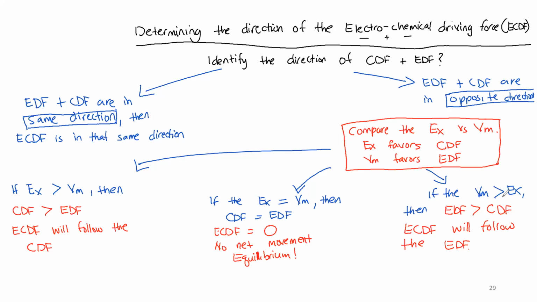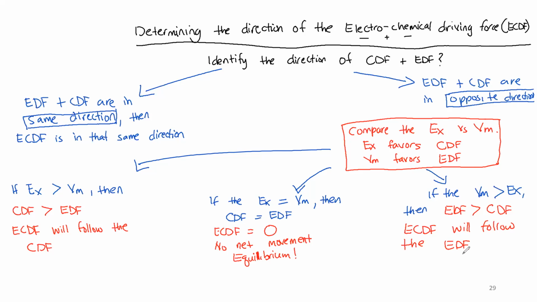If the membrane potential is now greater than the equilibrium potential, now because the membrane potential is indicative of that electrical driving force, the electrical driving force is the stronger force. And so the overall movement of said particle will follow or favor the direction of the electrical driving force, okay?